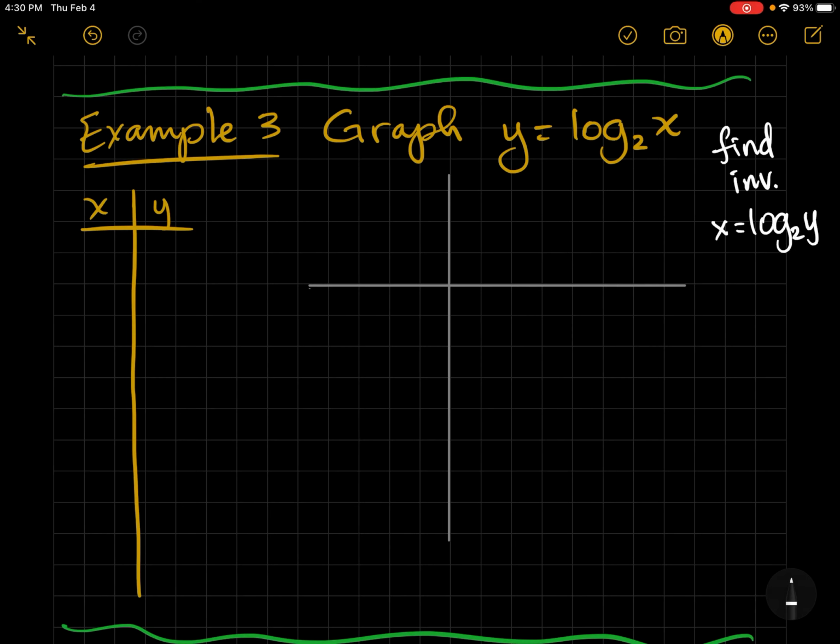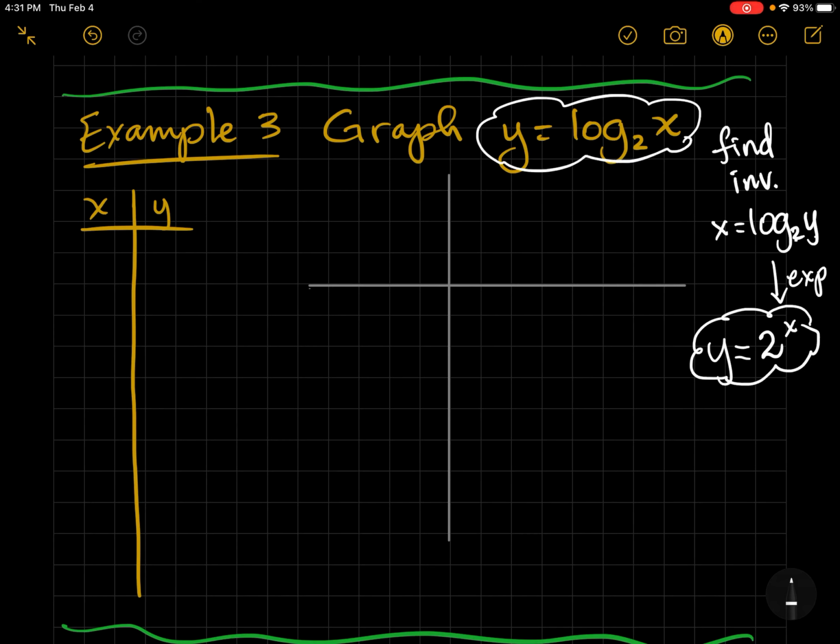And now, if we want to get y by itself, all we do is rewrite this in exponential form. So that would be a base of 2, an exponent of x, and that equals y. So we know that this and this are inverse functions.